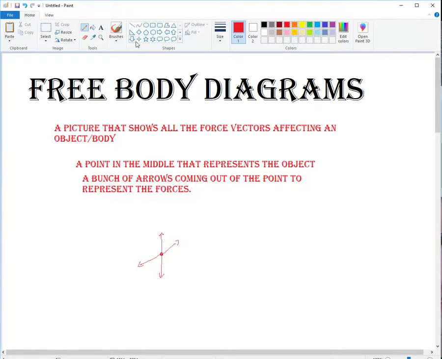The most basic one that we've been doing is you have a dot in the middle that represents your object, your body, your whatever it is, and then coming out of it you have gravity pulling down on it, and then you have the normal force pulling up on it. Can I put an arrow at the end of this one?